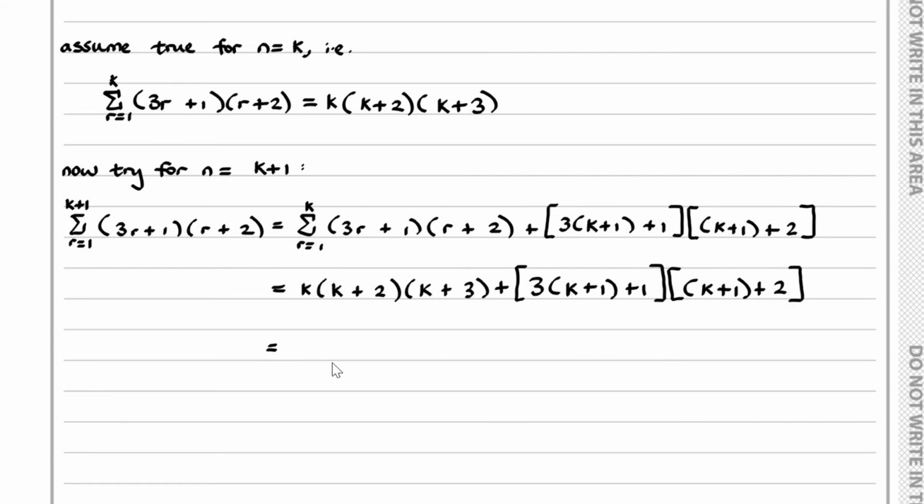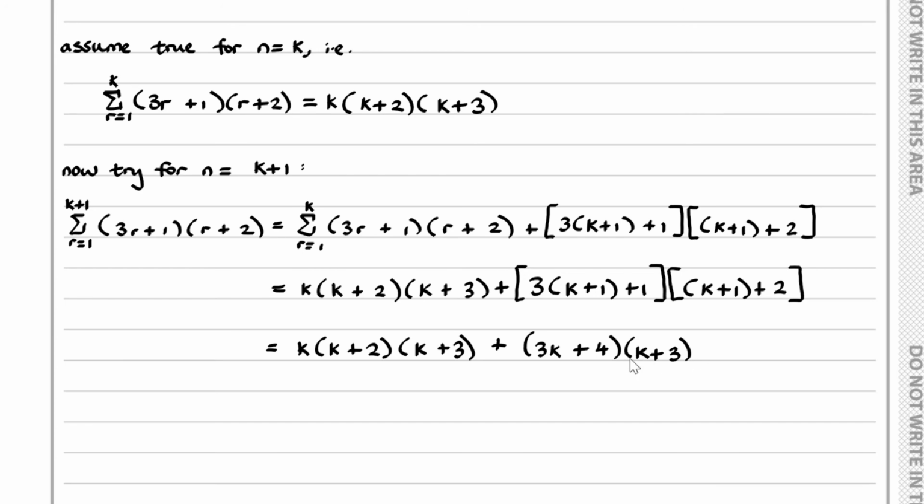So if we expand and simplify over here, we have 3 lots of k, which is 3k, 3 times 1 plus this extra 1, that's 4, and here we have k plus 3. So we have k lots of (k plus 2) lots of (k plus 3) plus (3k plus 4) lots of (k plus 3).